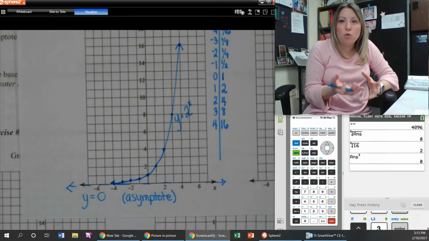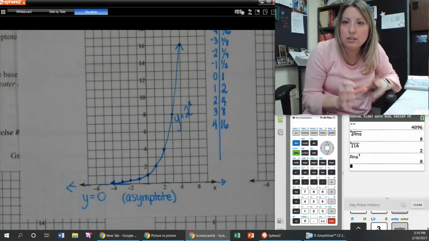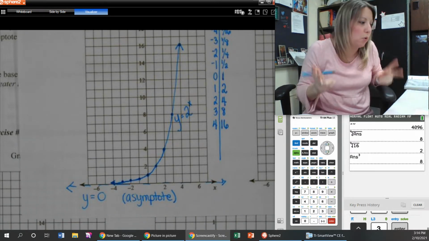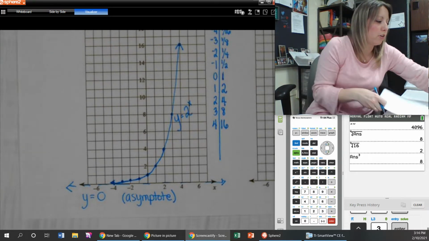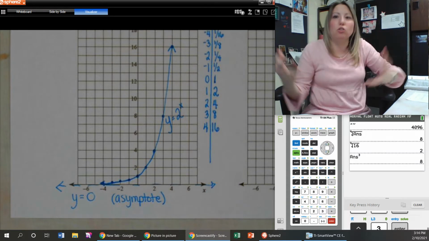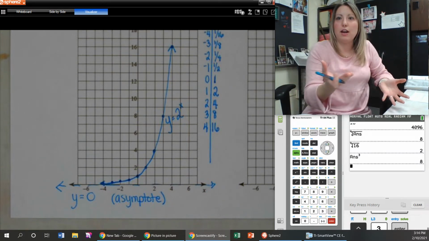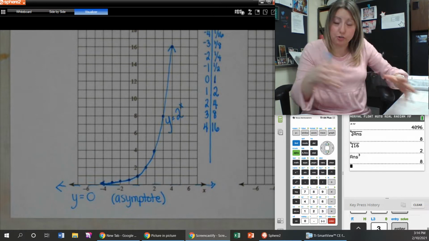The asymptote, of course, is the thing that really defines in our heads when we're looking at an exponential function, right? That is the thing that makes it look exponential, because it's that kind of evening out spot. But there's a lot going on.